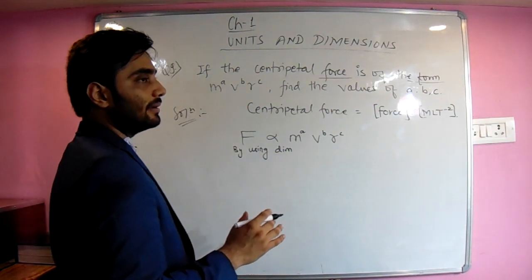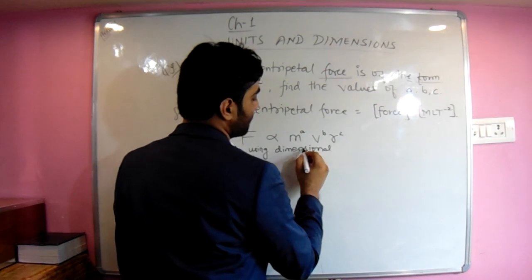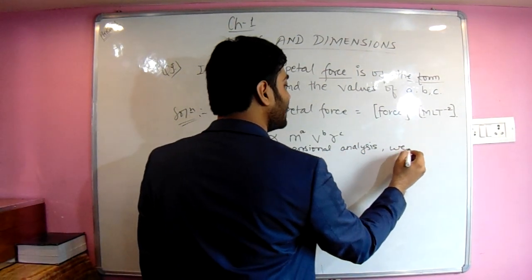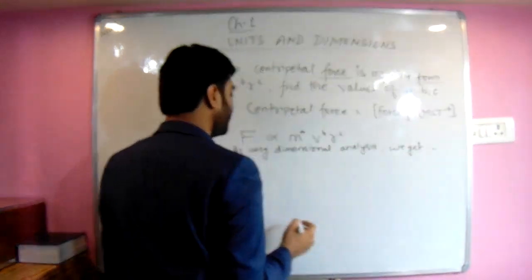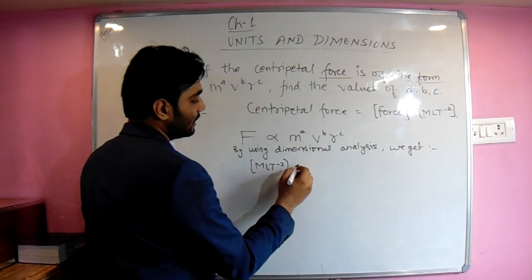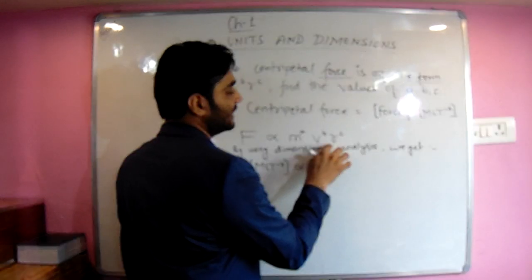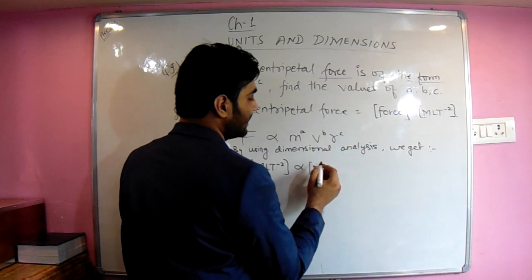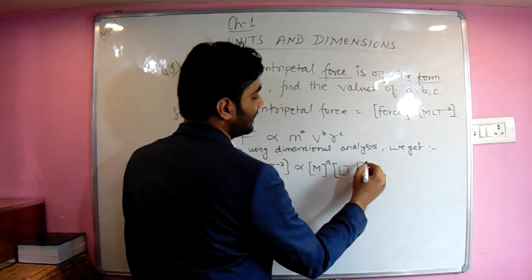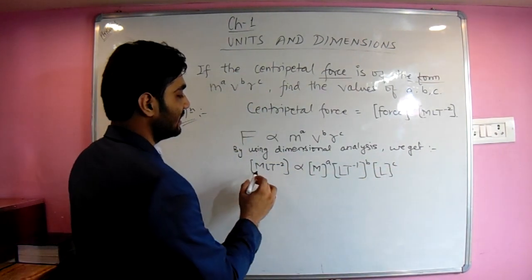we get, and then we find F has the dimension MLT minus 2, directly proportional to mass M, velocity V, and R is the radius, to the power a, V is the velocity, LT minus 1, power b, R is length L, and power c.